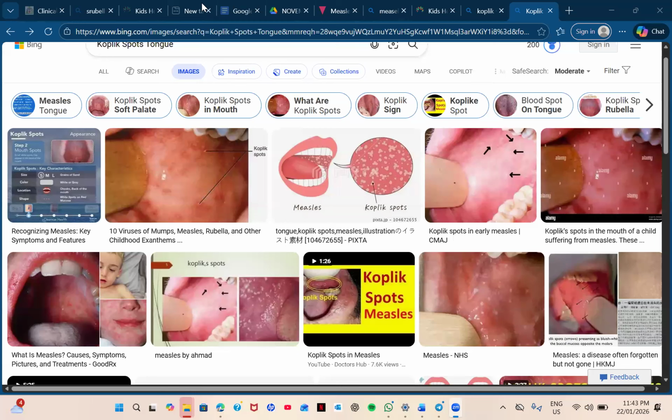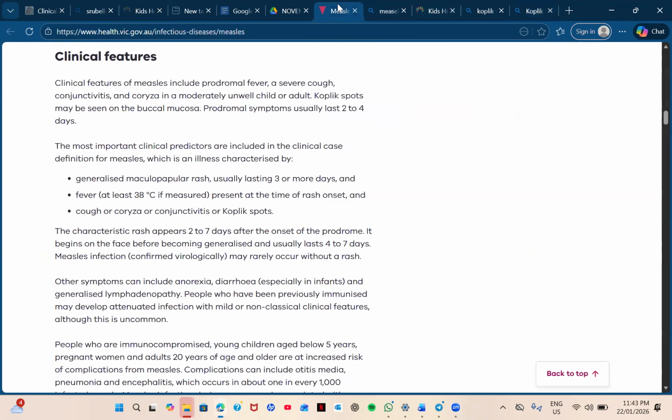Sorry for that. Okay, so these are the Koplik spots. Then what else? Prodromal symptoms usually last 2 to 4 days.